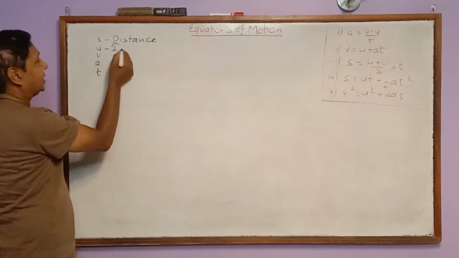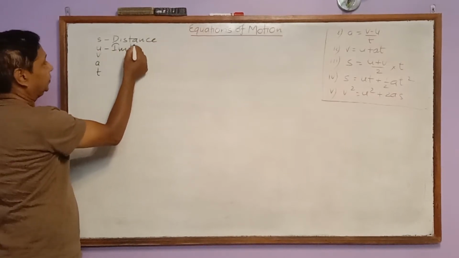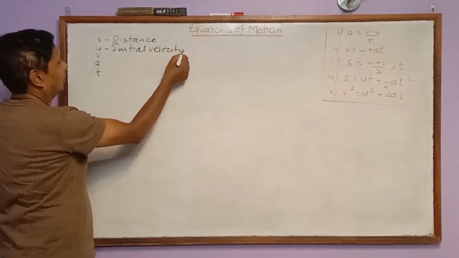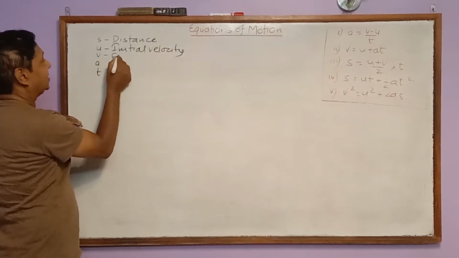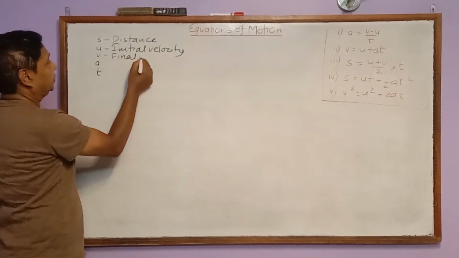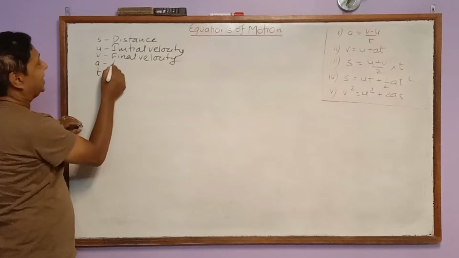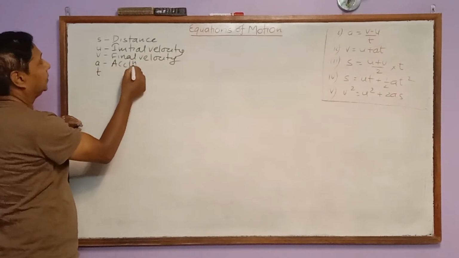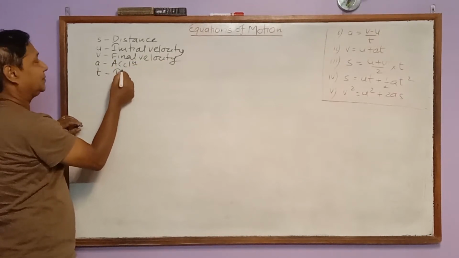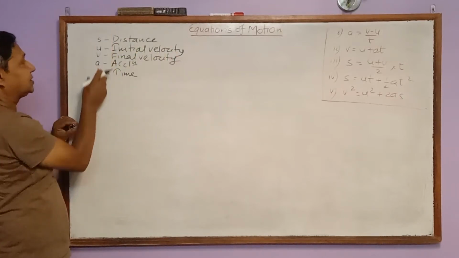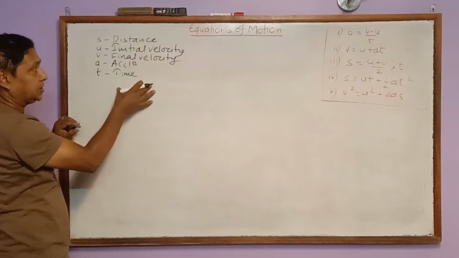U is initial velocity. And V is final velocity. A is acceleration. T is time. These are symbols, these are the physical quantities.